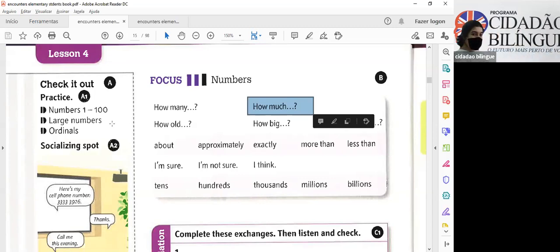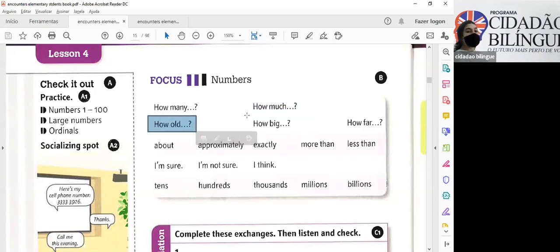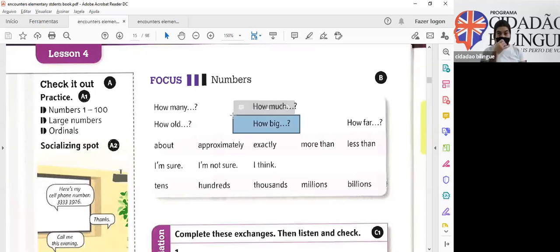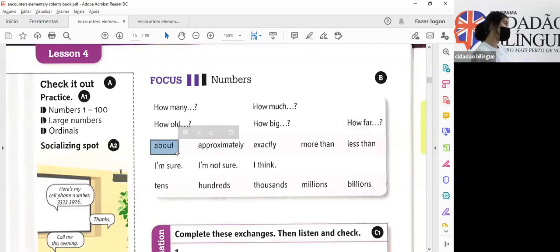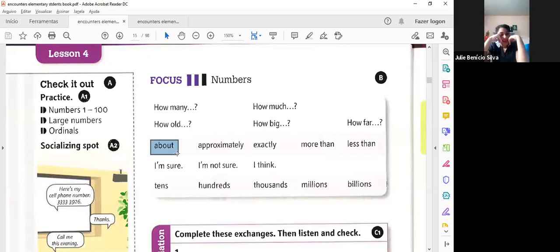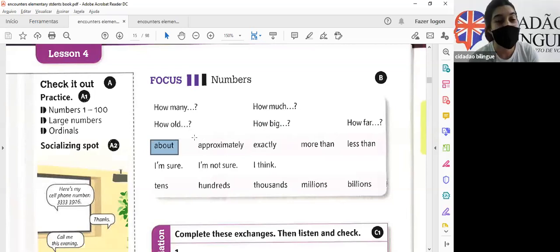Next, how old? Quão velho. Okay? Mas é qual a idade? Tecnicamente. How big? Quão grande. Good. How big? Quão grande. How far? Quão longe. About. Por volta de.